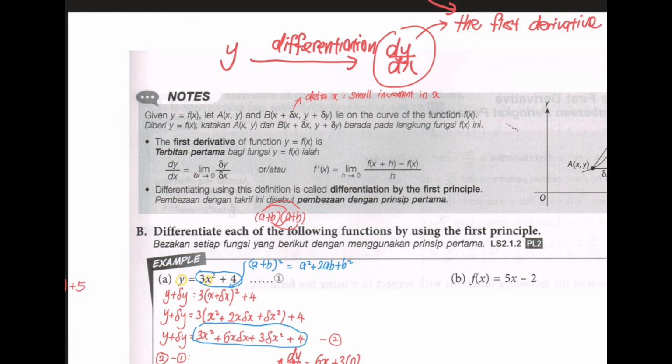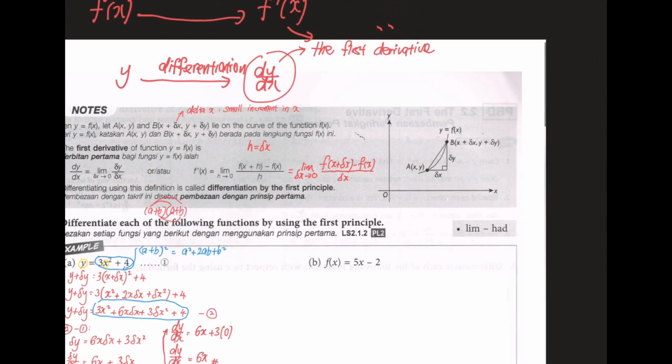So if you feel like, can I use delta x, I don't want to use h so that it is not confusing, you actually can. You can use this form where the h becomes delta x. It is okay. Now I use a graph to explain what this is.